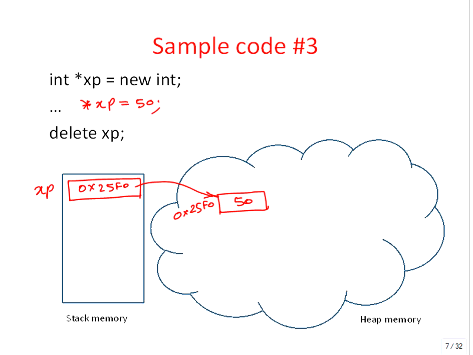Okay, one rule in C++ is that since there is no automatic garbage collection, if you allocate, you have to clean it up. Since we allocated memory here, it's good practice to delete that memory before the program ends.